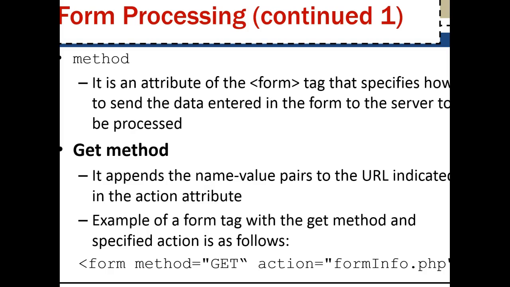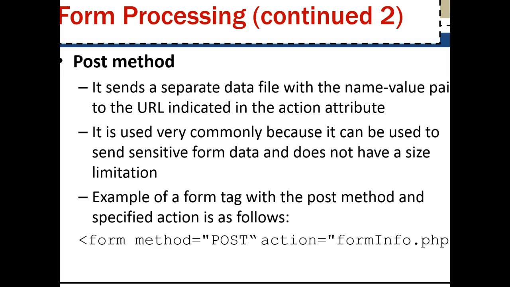The post method sends the data with the name-value pairs separately to the URL or email address indicated in the action attribute. The post method is actually the more common method because it can be used to send sensitive information, and you don't have any size limitation.